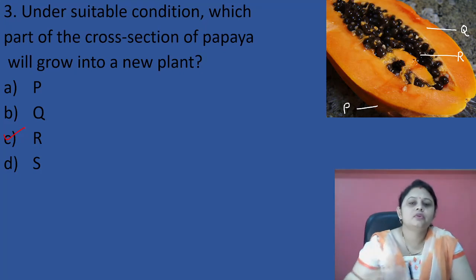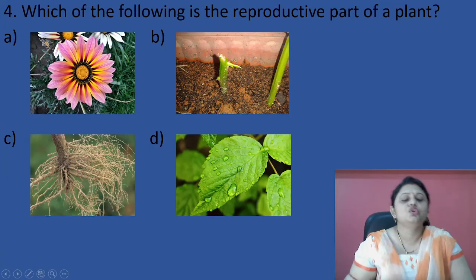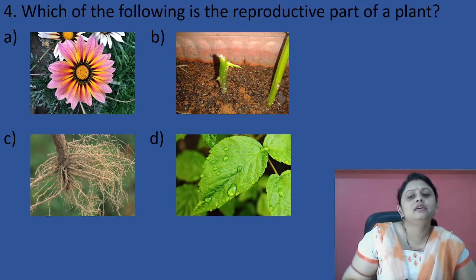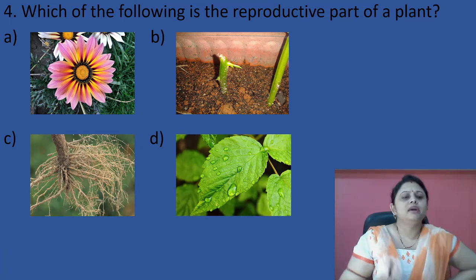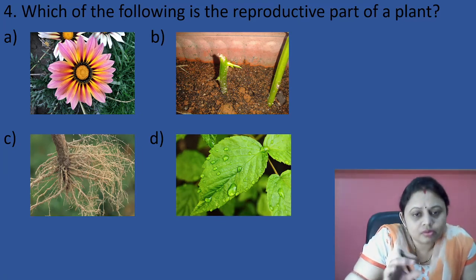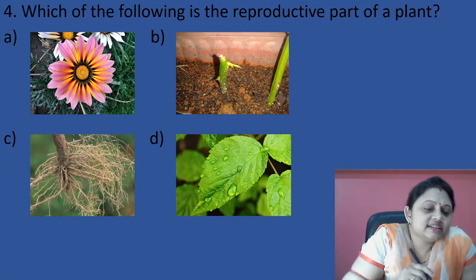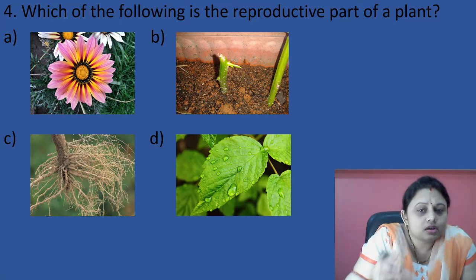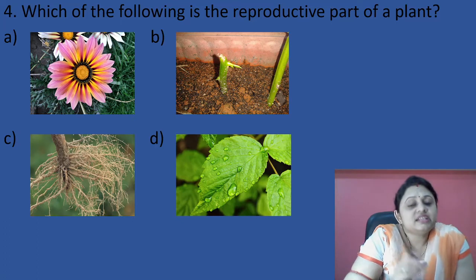Got it? Next, which of the following is the reproductive part of a plant? There are various pictures, with flowers, a stem cutting, root, leaf, everything. But in general, the reproductive part of the plant is flower.